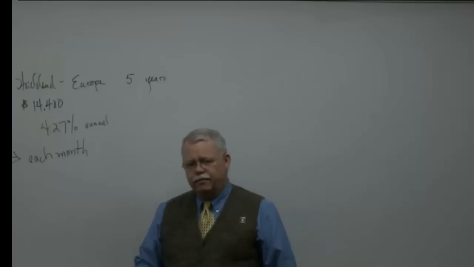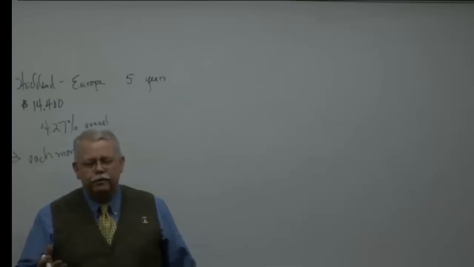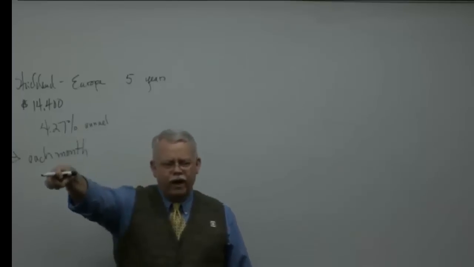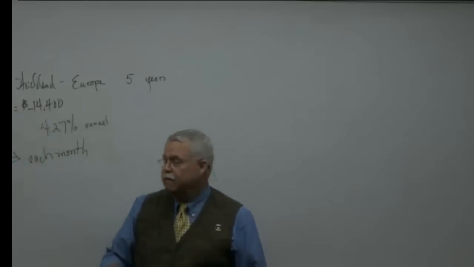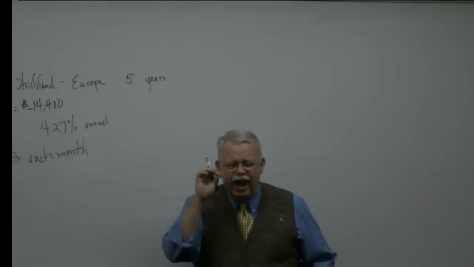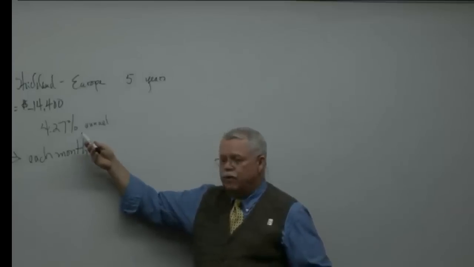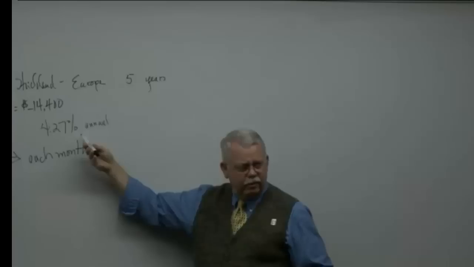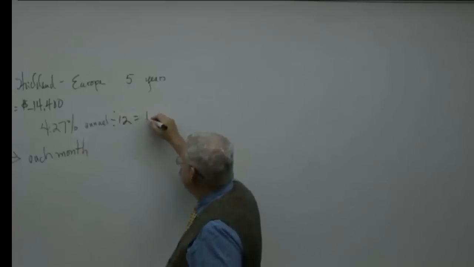How do we set this up? What is 14,400? That's what he wants 5 years in the future. So that's our future value, and I'm going to make that a negative number. What is 4.27? That's the annual rate, but he's doing this each month. So you have to convert this to a monthly rate. So 4.27 divided by 12.